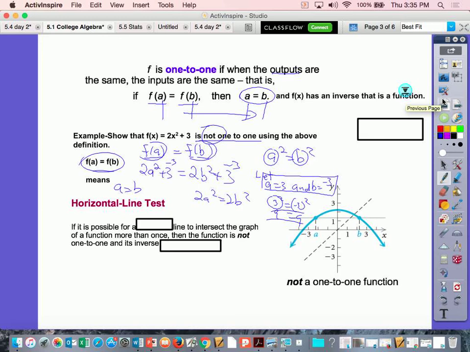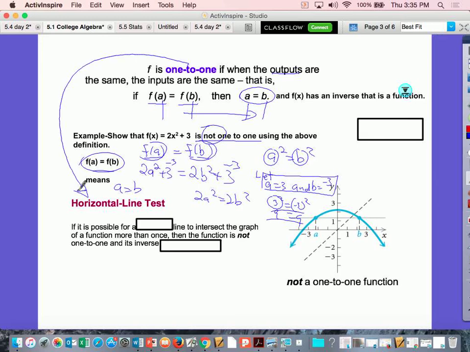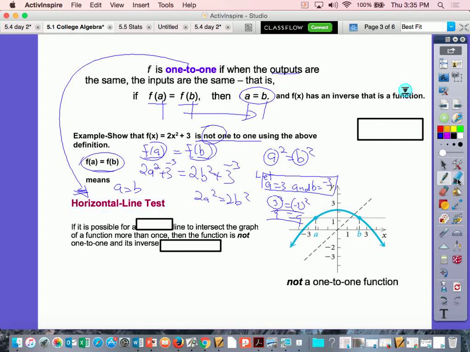Now, 1 to 1, there's another name for it, and you maybe heard of it this way, and you maybe understand this a little bit better: if it passes the horizontal line test, it's 1 to 1. So we're going to look at the horizontal line test now a little bit.